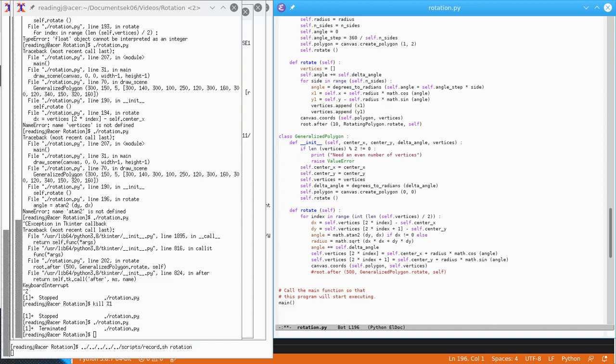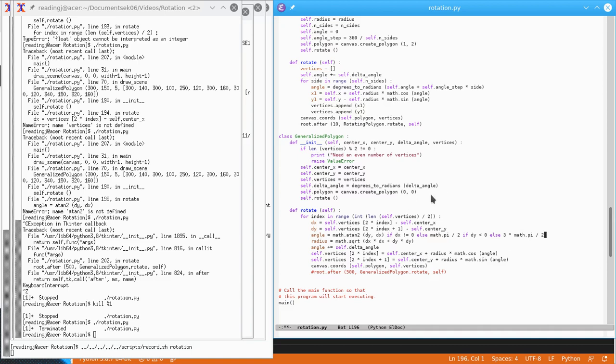This gets messy. Okay, so if it's pi over 2, math dot pi over 2 if dy is less than 0, else 3 times math dot pi over 2.